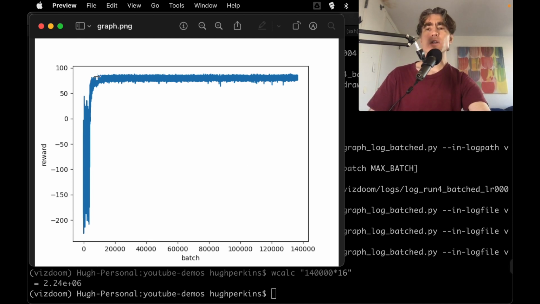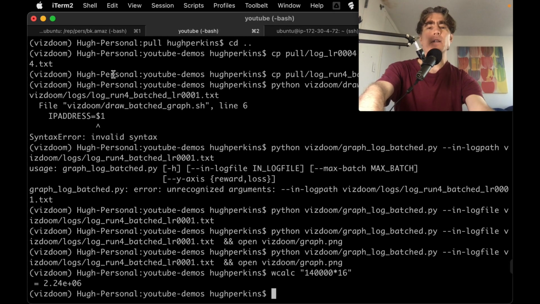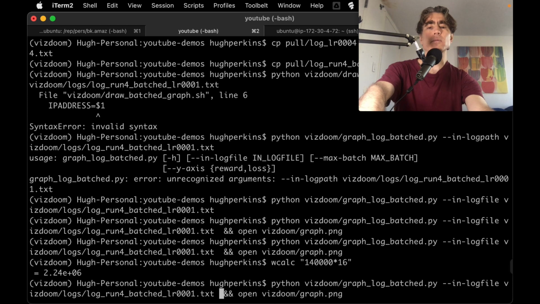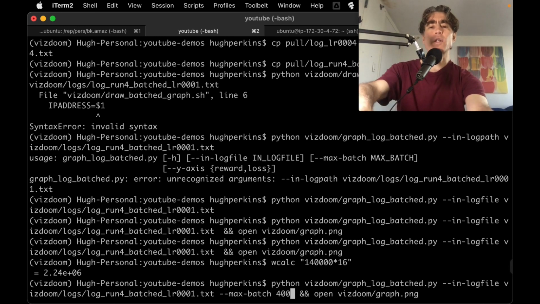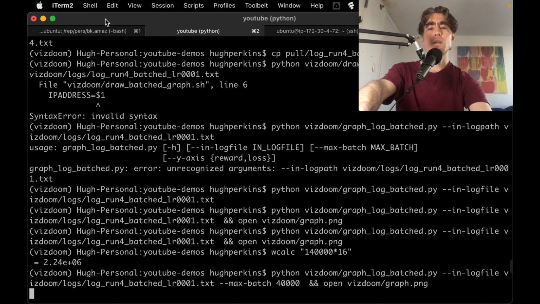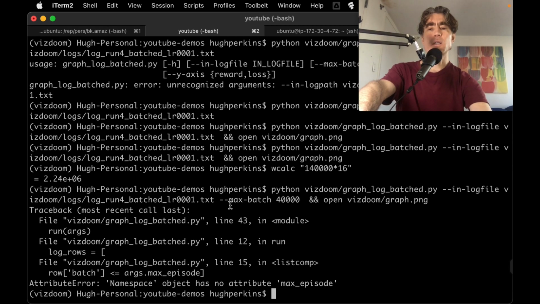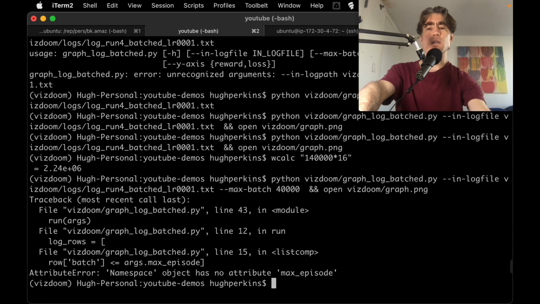So now the question is, how long did it take to learn? We can't really see here. So let's do max batch, and we'll sort of dig down a bit. Let's do, I don't know, max batch 40,000. All right, so there's a bug here.